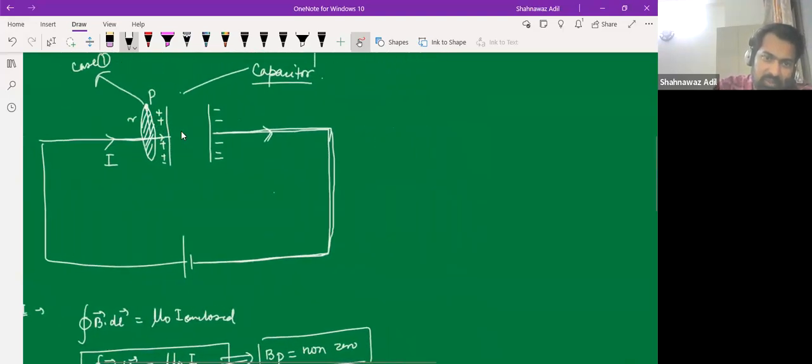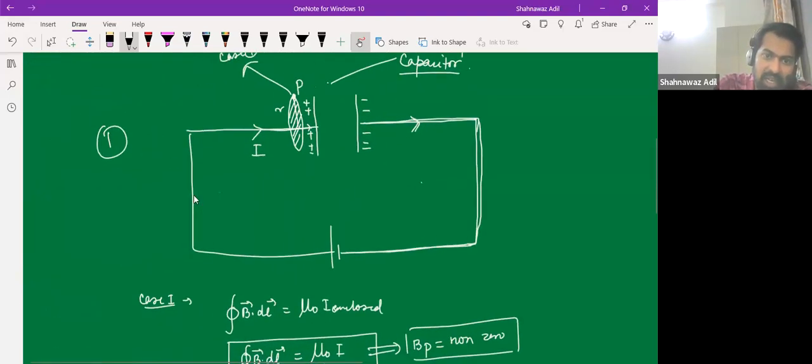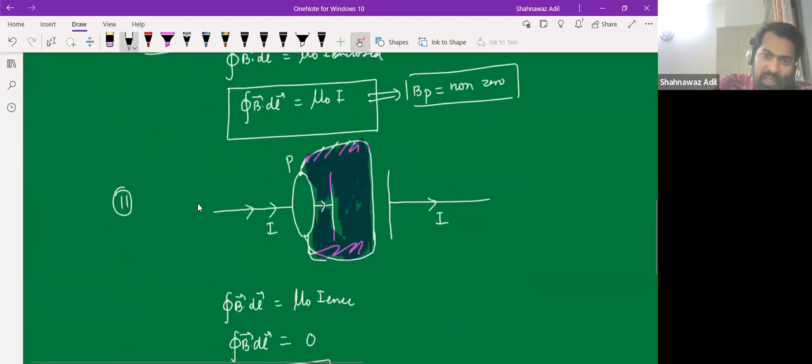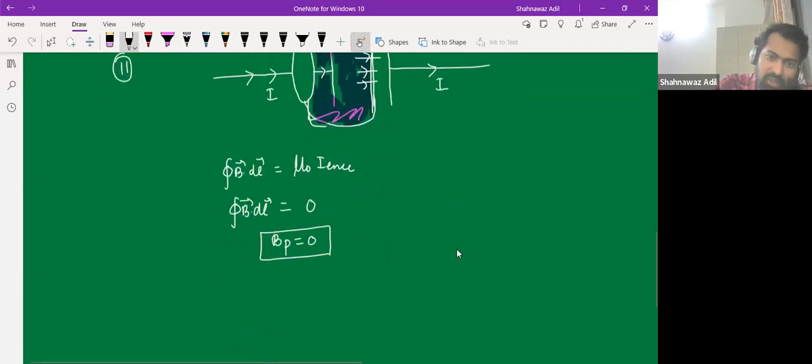And in the second case, when I make the surface like this bottle, inside this surface there is no current which is passing. So then there is no magnetic field at this point.